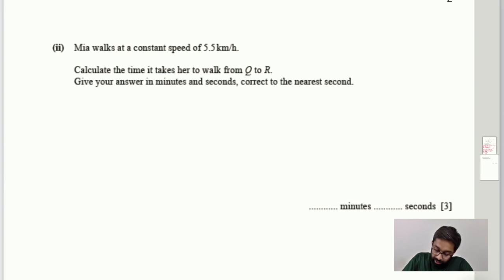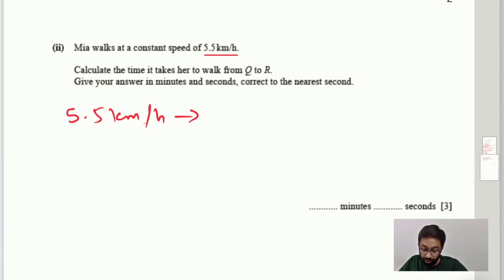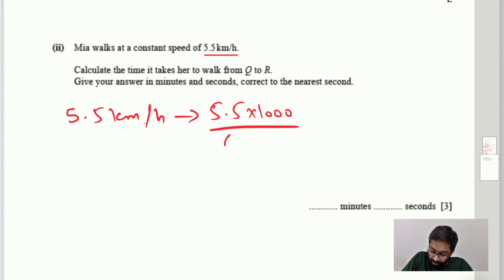Okay, first let us convert this into meters per second. So 5.5 kilometers per hour, when it is converted to meters per second, you're actually going to multiply this by 1,000, then divide it by 60 times 60. So you do 5.5 times 1,000 divided by 60 times 60. Let's do that.